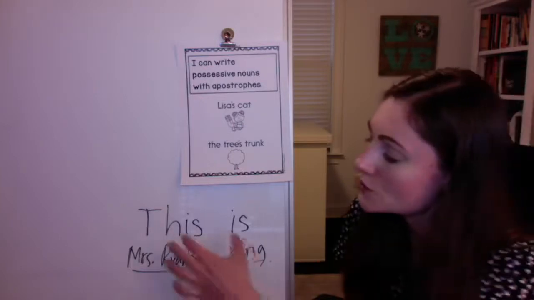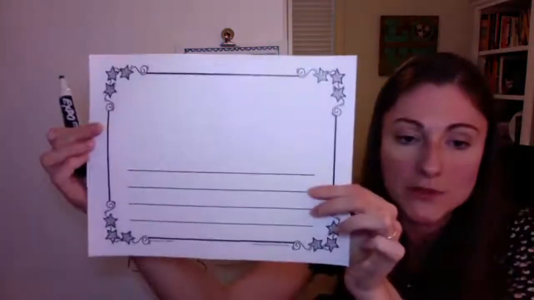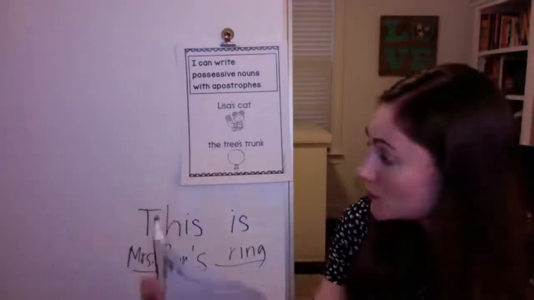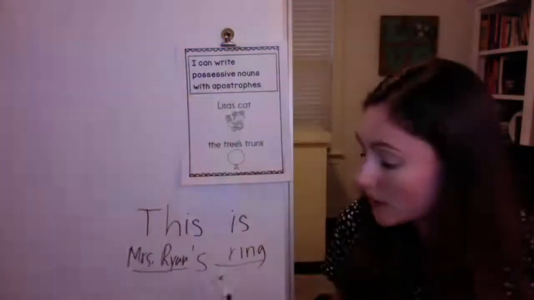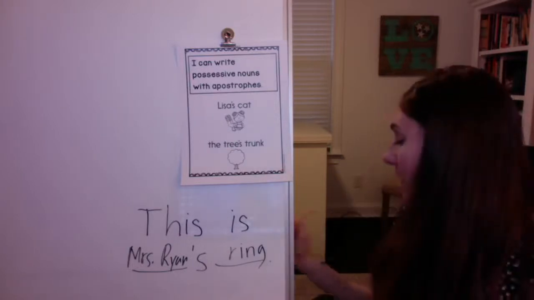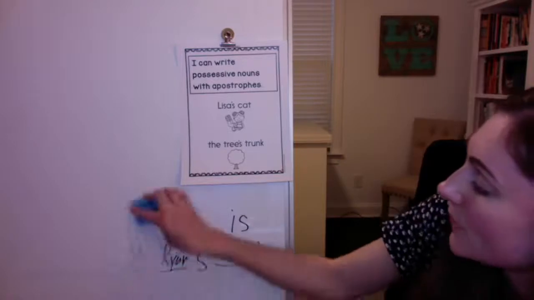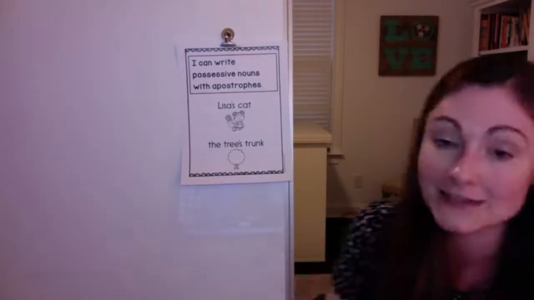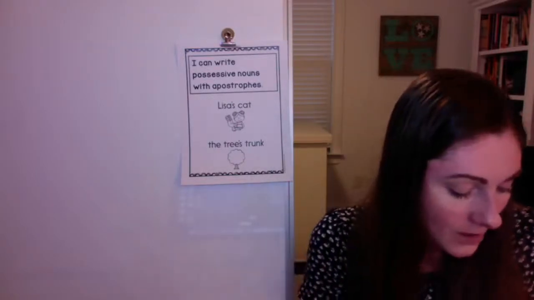Then they can use that same sentence frame and make their page of a few of our favorite things by using a possessive noun with an apostrophe with support of this sentence. And then they can also write another sentence about why whatever that thing is that they brought is so special. So it's practice at the sentence level. It's very structured. Again, I like to give the sentence frame, but they're starting to really use it in writing.